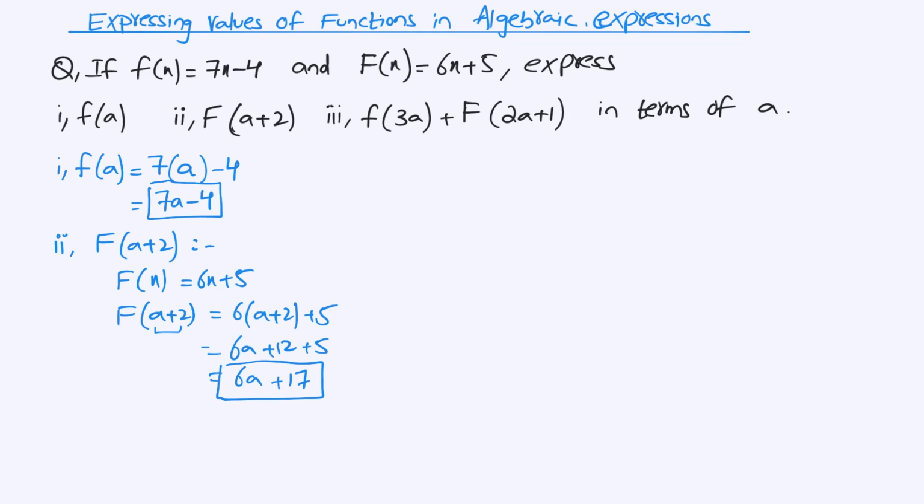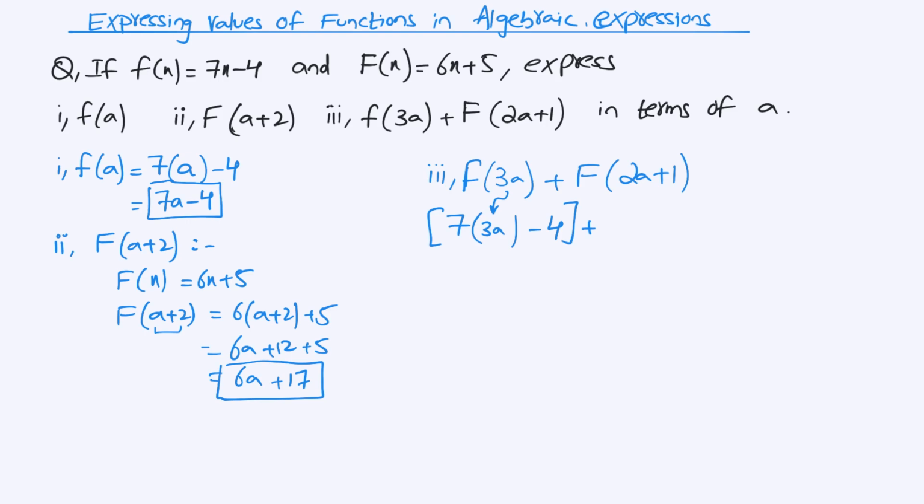Now for the third part, which says small f of 3a plus capital F of 2a plus 1. Now in the small f of x function, which was 7x minus 4, in place of x you will place 3a. That's your small f function.